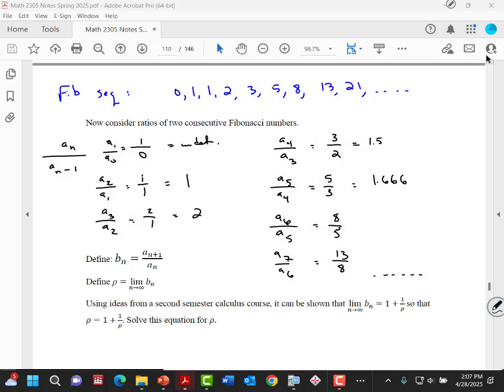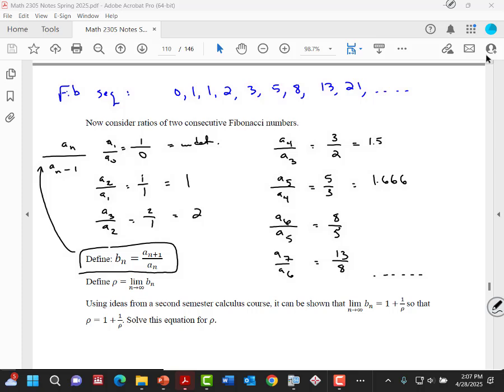So let's define B sub n as A sub n plus 1 divided by A sub n, or that's exactly what I'm saying right here. I've just got it off by a different index. It is defined to be the next term in the sequence divided by the current term in the sequence.